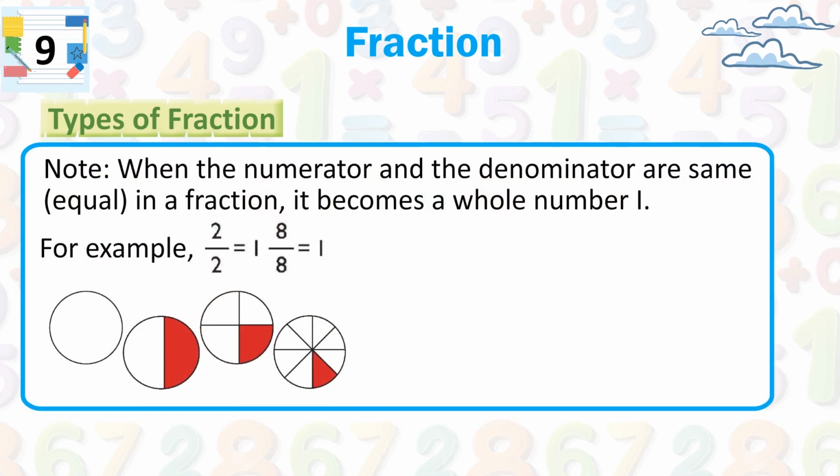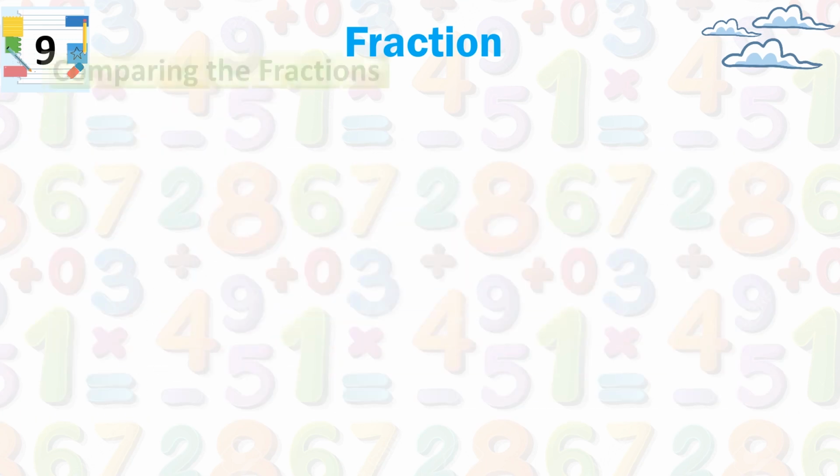Note, when the numerator and the denominator are equal in a fraction, it becomes a whole number, 1. For example, 2/2 is equal to 1. 8 upon 8 is equal to 1.